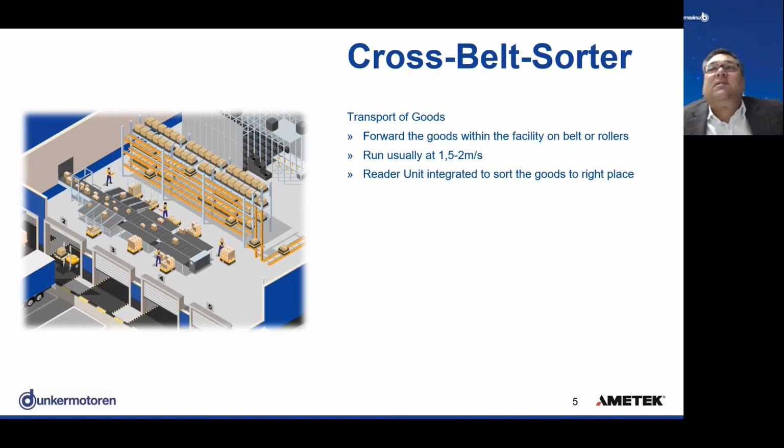There are also sorting systems which organize the packages and the trays and sort them into single positions so that they can be sorted out and fed out to the actual bay. In the system, there is also very often a reader unit integrated which reads off the package barcode in order to sort out and feed out the goods to the right place.